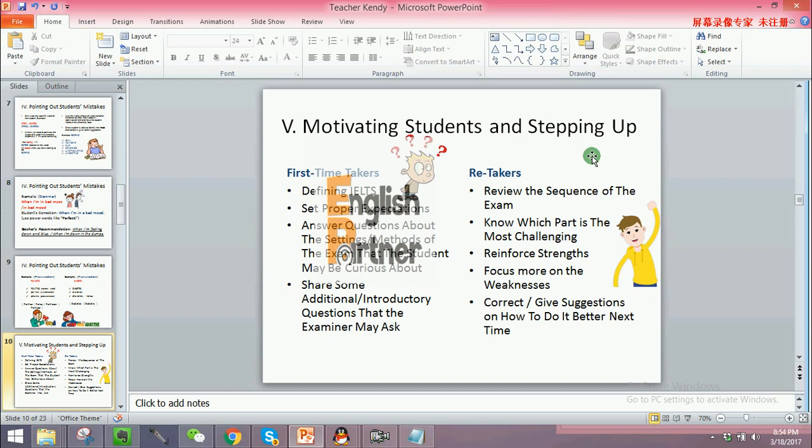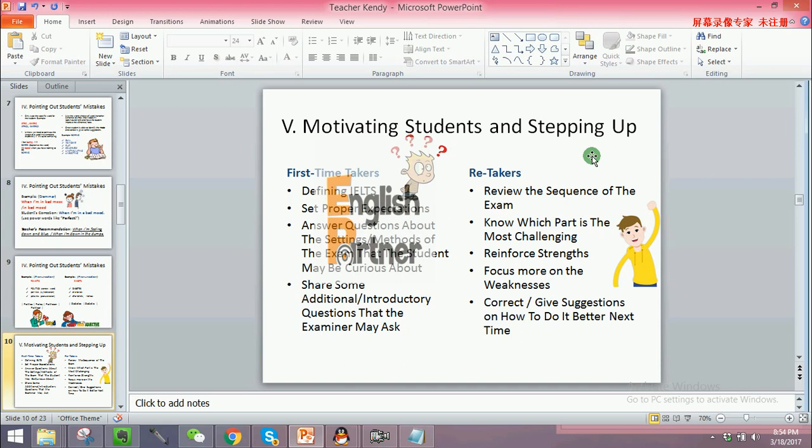Then I set proper expectations and tell them what I will be doing in our class: how I will help them improve their English proficiency, and also answer some additional or introductory questions that the examiner may ask them. Questions like, are you studying or working? Or may I see your ID card? And so on. I also teach my students how to respond to those questions or queries.